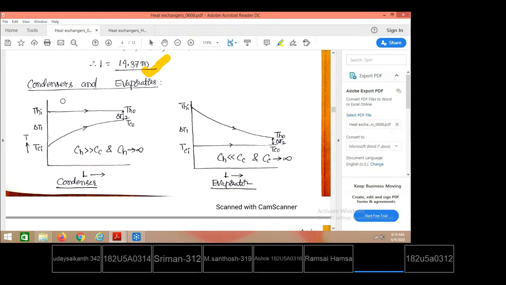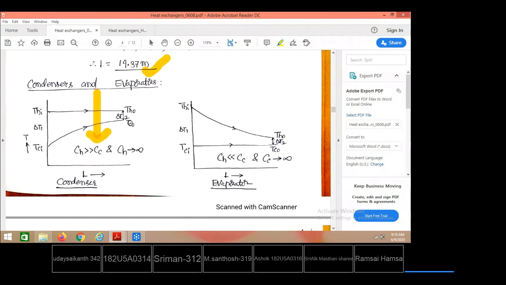Suppose 100 degrees centigrade water is converted to 100 degrees centigrade vapor, when you consider this as a hot fluid. Whereas as a cold fluid, water is allowed in at low temperature and receives the heat from the hot fluid, so the cold fluid temperature increases and becomes Tc naught.